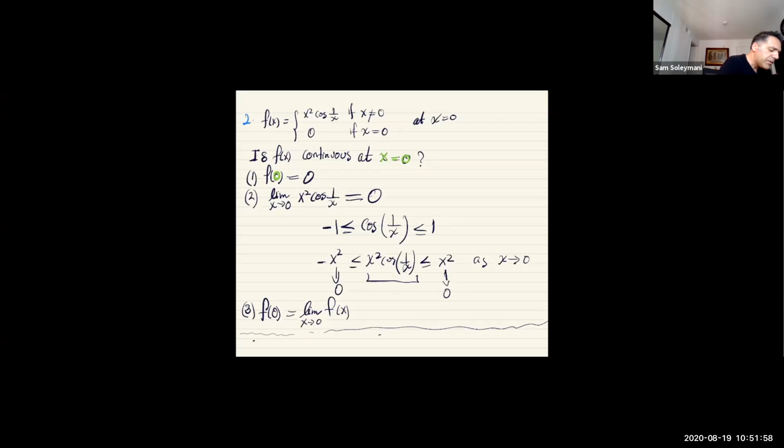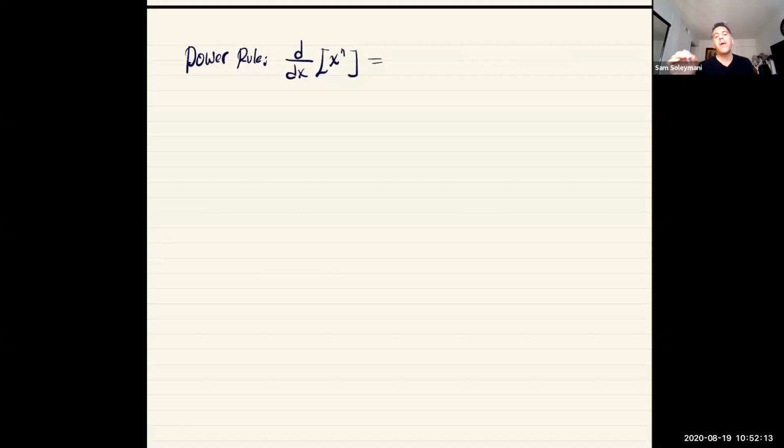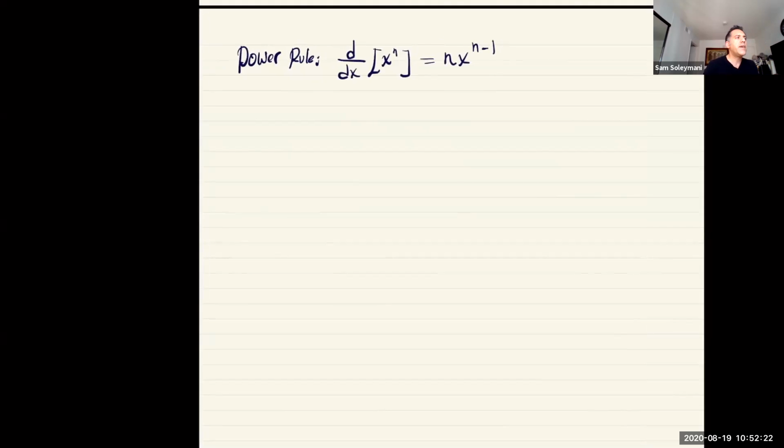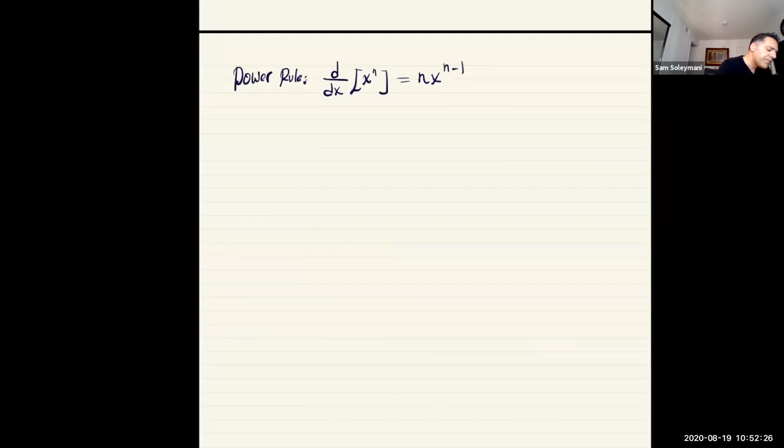The power rule says that if you're taking the derivative of x to the power of n, the derivative of a power term is n x to the n minus 1. We are all familiar with that, right?